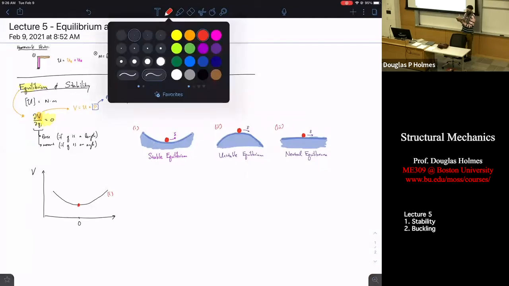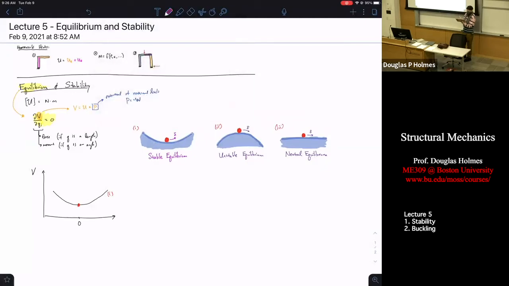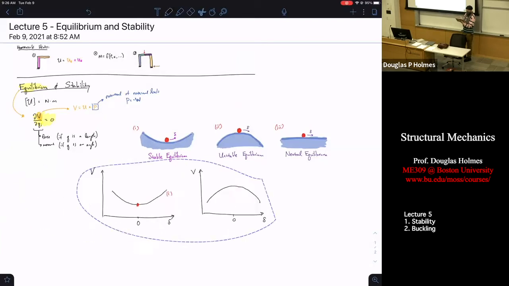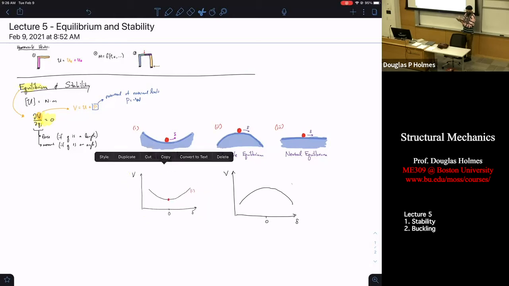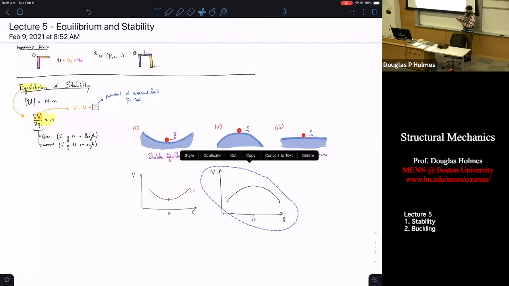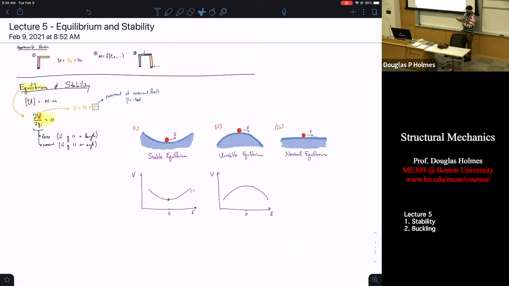If I was to ask you to take this other problem, let's not do it on the same graph. Here we go.